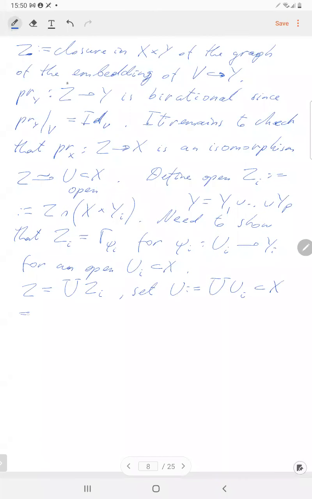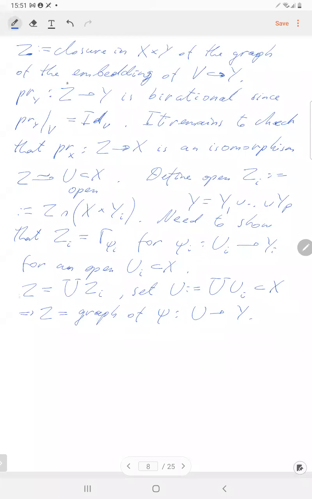Hence, Z will be the graph of a certain psi from U to Y, right?